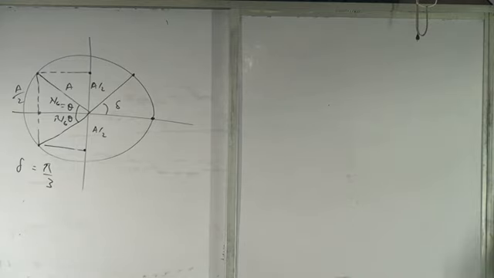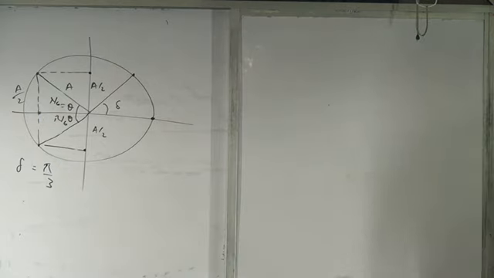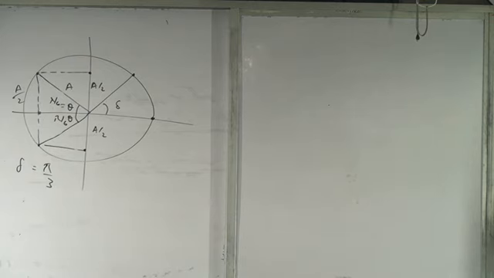When P and Q, the two particles, are on opposite sides of O, which is the mean position, at the same distance, they have the same speed of 1.2 meter per second in the same direction.